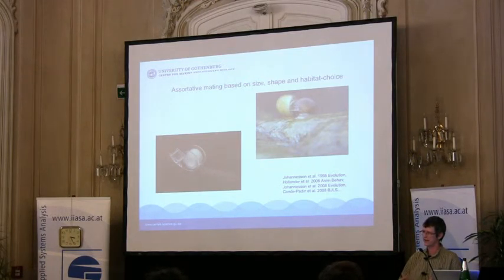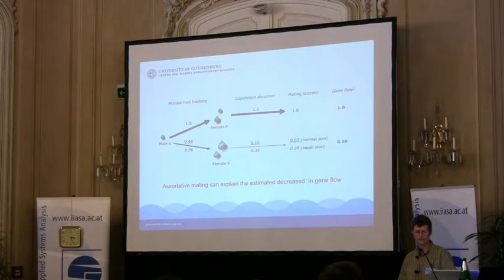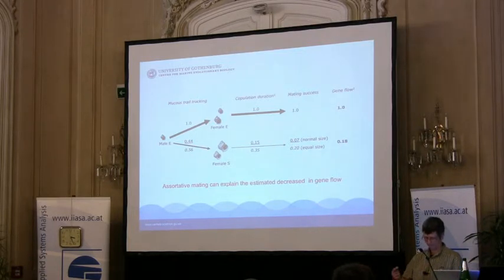So already at the stage of crossing a mucus trail, the male can decide if it's a female of his own type or of another type. Altogether, you can say that this associative mating at different steps will account for all the decreasing gene flow that we can see in nature. So we can explain the decrease in gene flow over the hybrid zone only by the amount of associative mating that takes place.